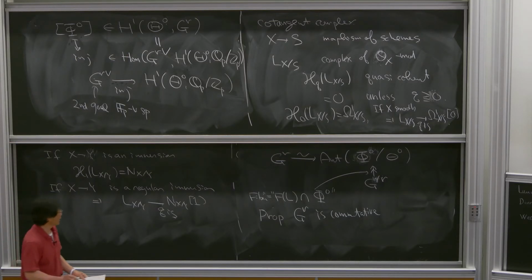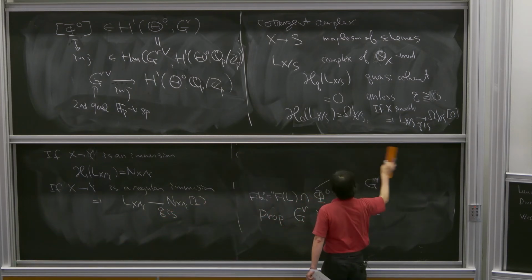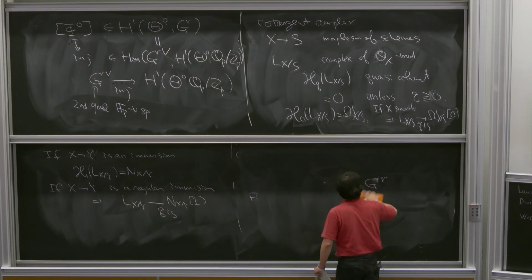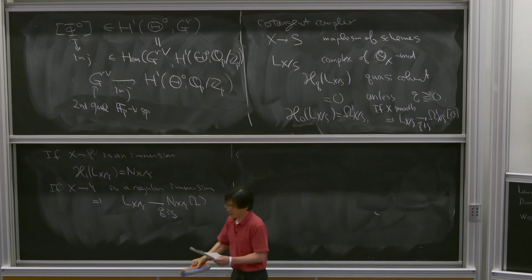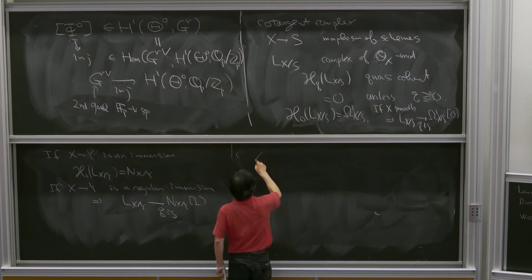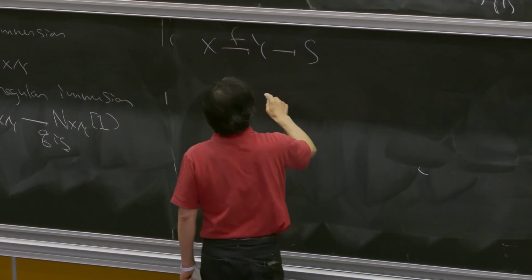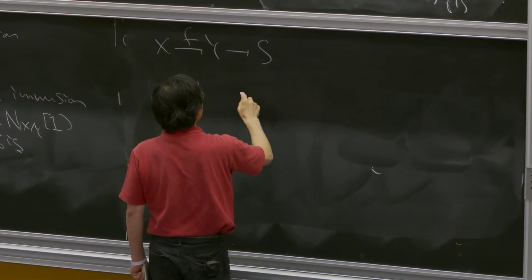Okay, and one more general property is that if you have two morphisms, then we have a distinguished triangle.